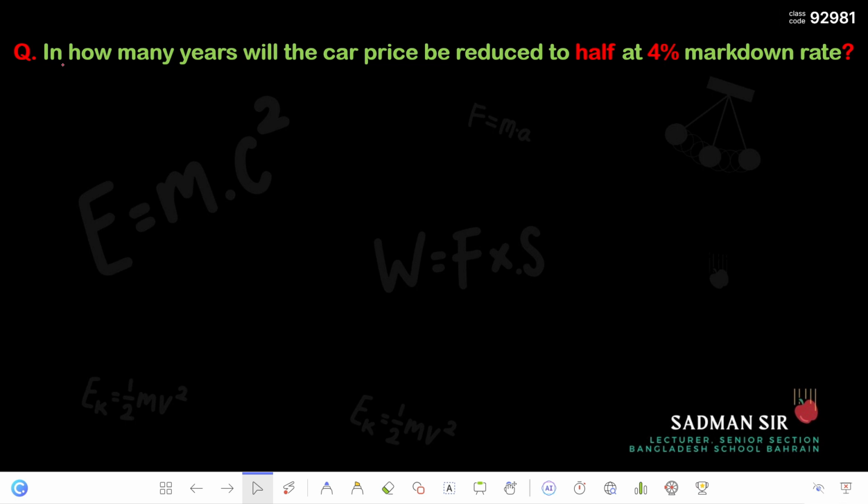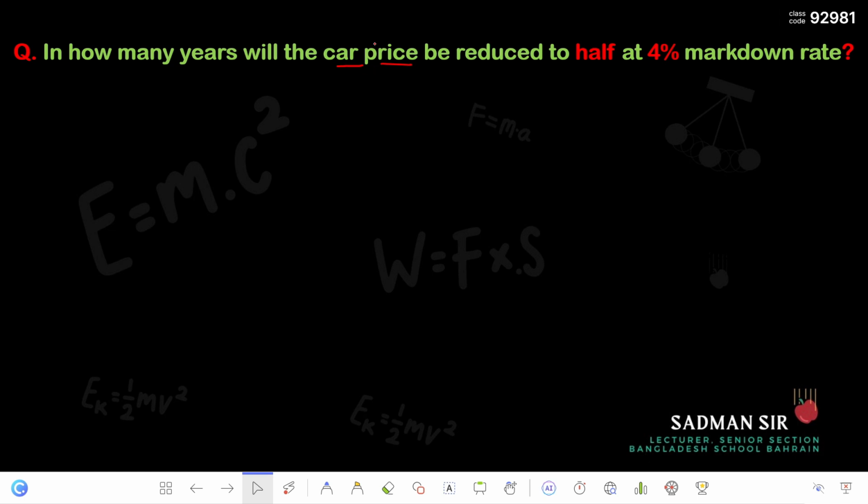For example, we can consider this question itself: in how many years will the car price, okay, now car price, if a car is being used over years, the price will not go up. Definitely, as you're using it, the value of it is supposed to go down, right? For example, if you buy a car with 5,000 dinar, you cannot expect to sell it for more than 5,000 dinar after using it for 3-4 years, right?